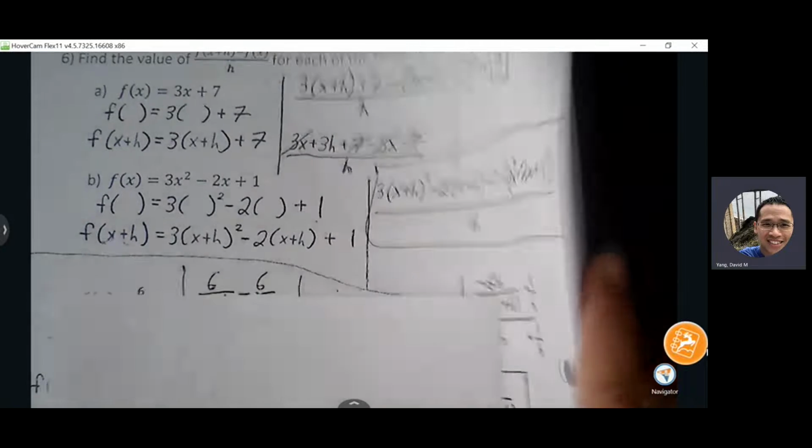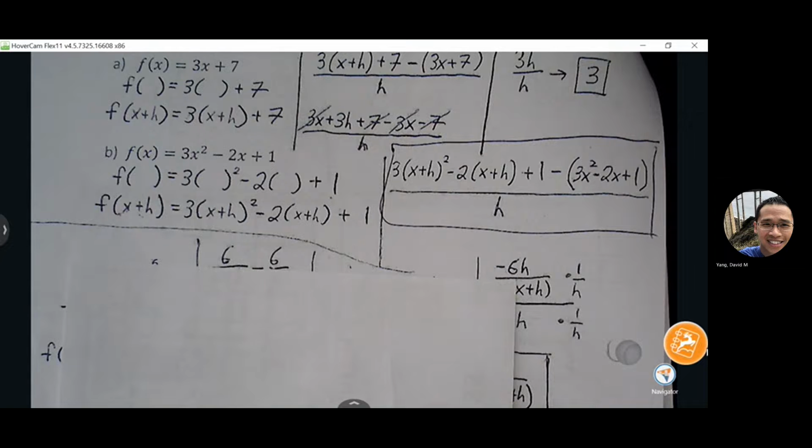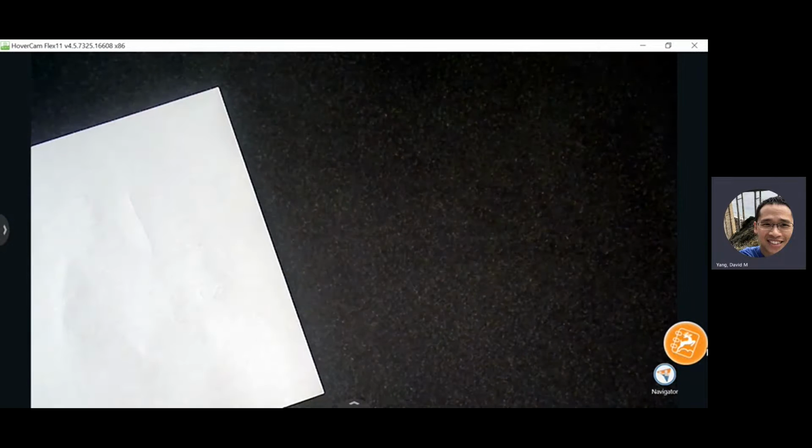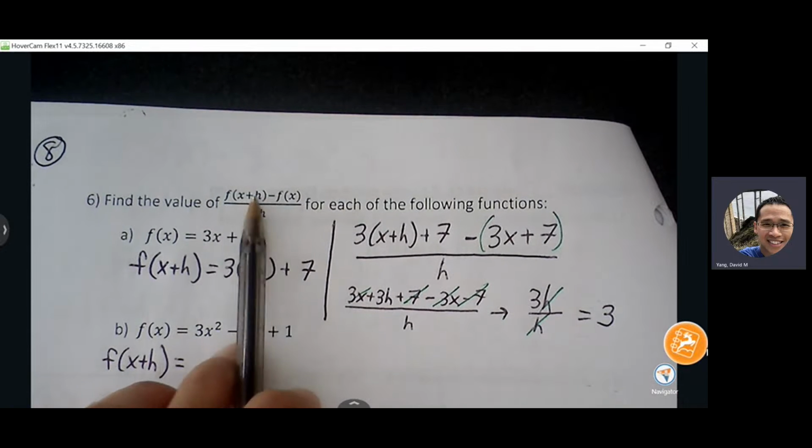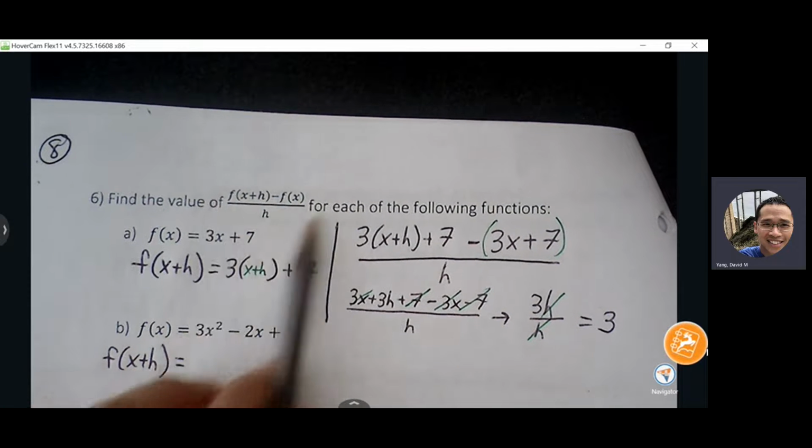All right, let's go to part C. Same process. We want to build f of x plus h first, and then piece by piece, substitute those parts into the numerator of this expression.